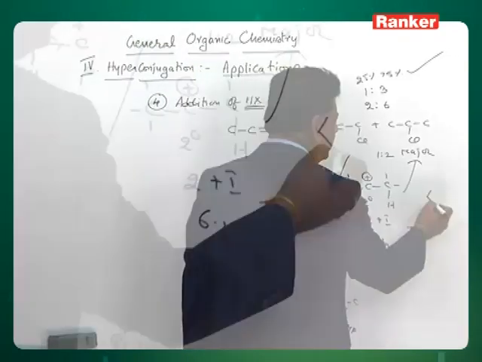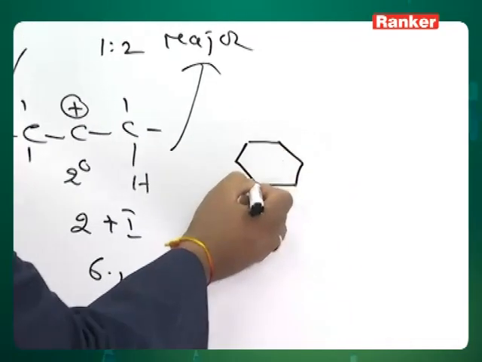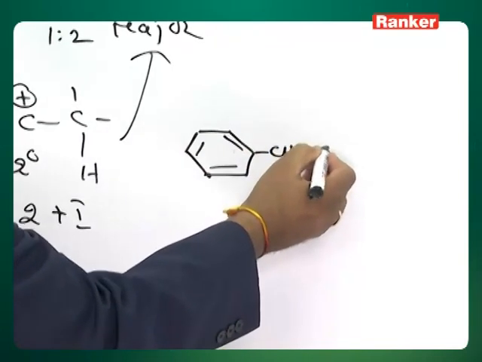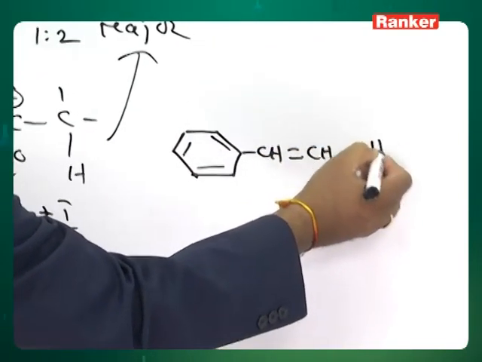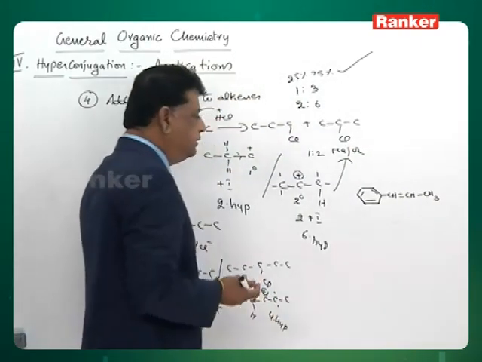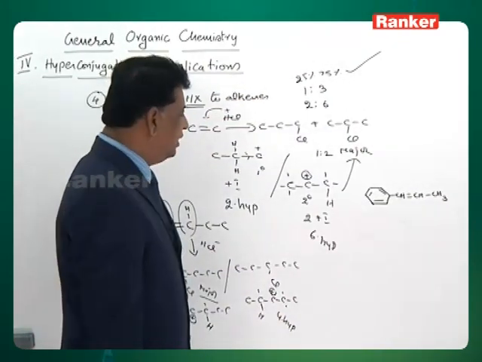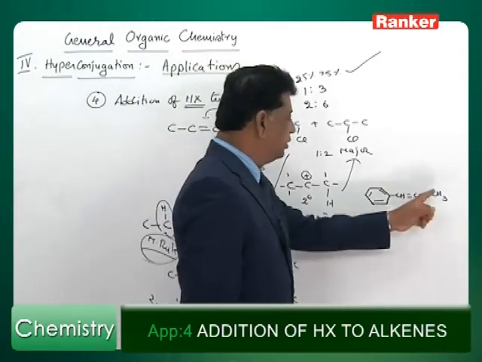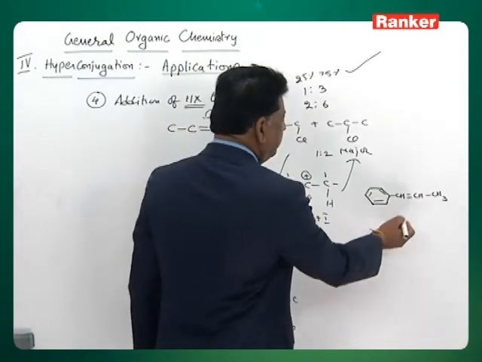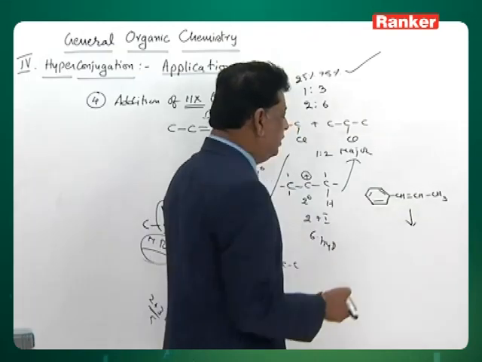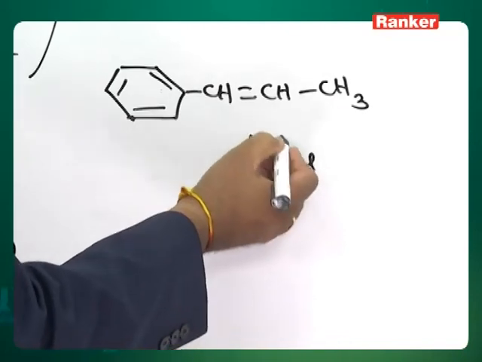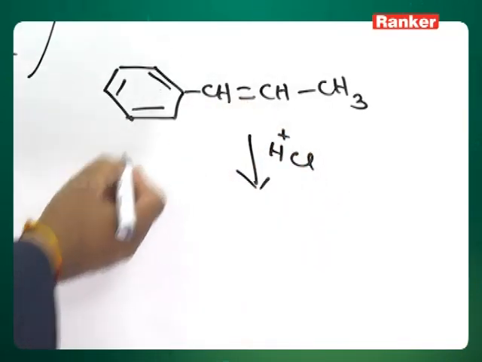Similarly, some examples, for example, if a benzene ring is attached on one side, consider hyperconjugation versus the mesomeric effect. The mesomeric effect dominates over the hyperconjugation, which can be exemplified by taking this particular example. If HCl is added, H plus will be the attacking species.